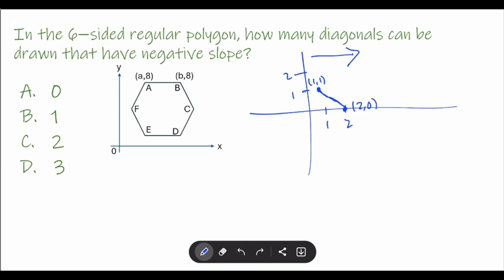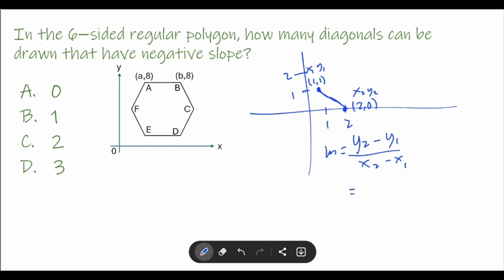So again, a negative slope is a line or a line segment that is moving downwards from left to right. Just to show you that it's a negative slope, the slope formula is y2 minus y1 over x2 minus x1, where we have x1, y1, x2, and y2.